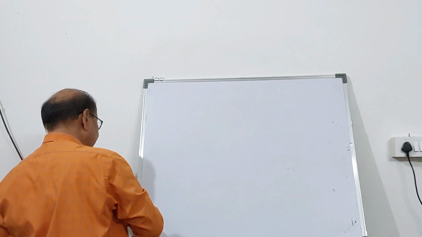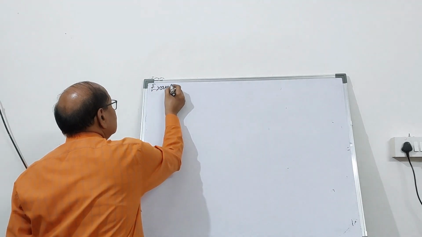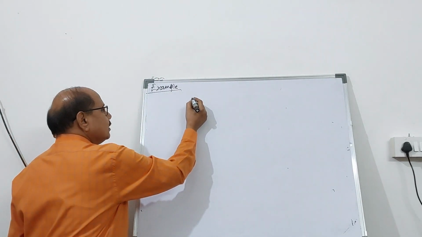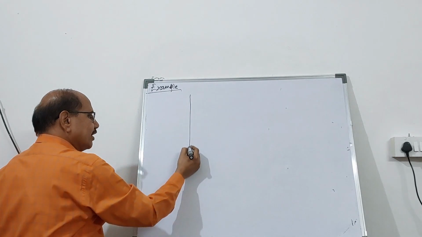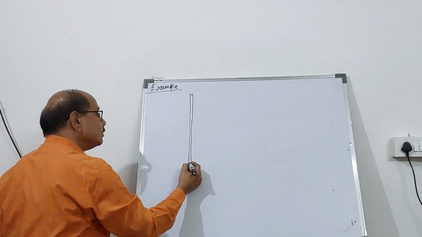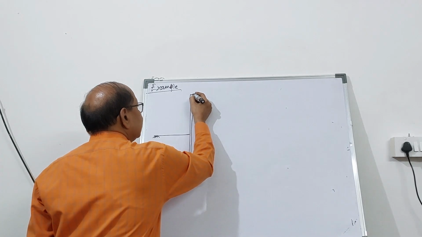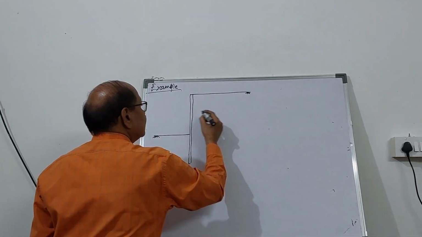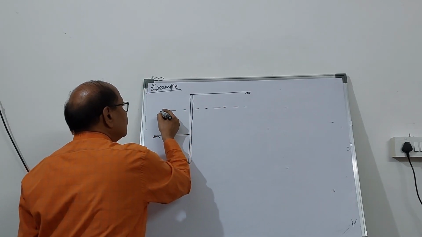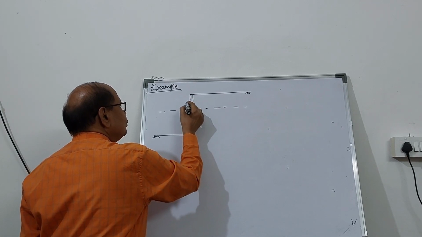Let's take one example. In the previous problem, you have seen that you have a cantilever sheet pile, the dredge line, and there you had the water table also, and this water table was at a depth of 2 meters.